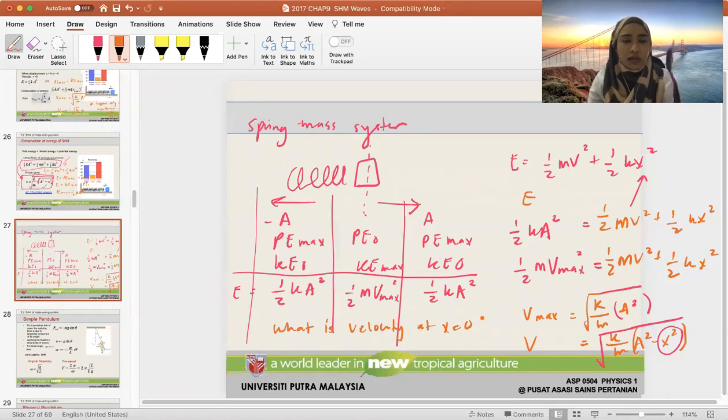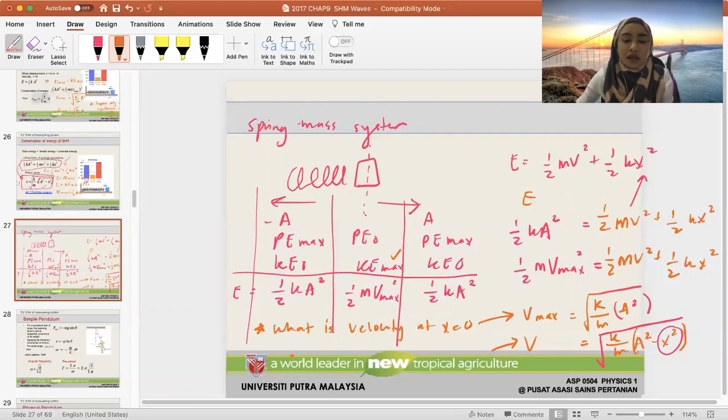And we know that when x equals to 0, the system is in motion and KE is maximum there. We already wrote that there. So kita pakai equation yang ni, Vmax. Terus pakai. We already know dekat equilibrium, KE is maximum. So what is the example of question kalau kita nak pakai equation V ni?